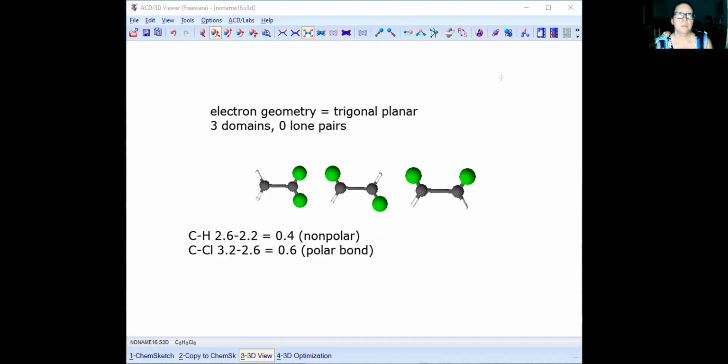And then similarly with the cis isomer, we have 2 dipole moments and they're pulling in a similar direction. So we could say that there is a net dipole pulling towards the 2 chlorine atoms and away from the 2 hydrogen atoms.